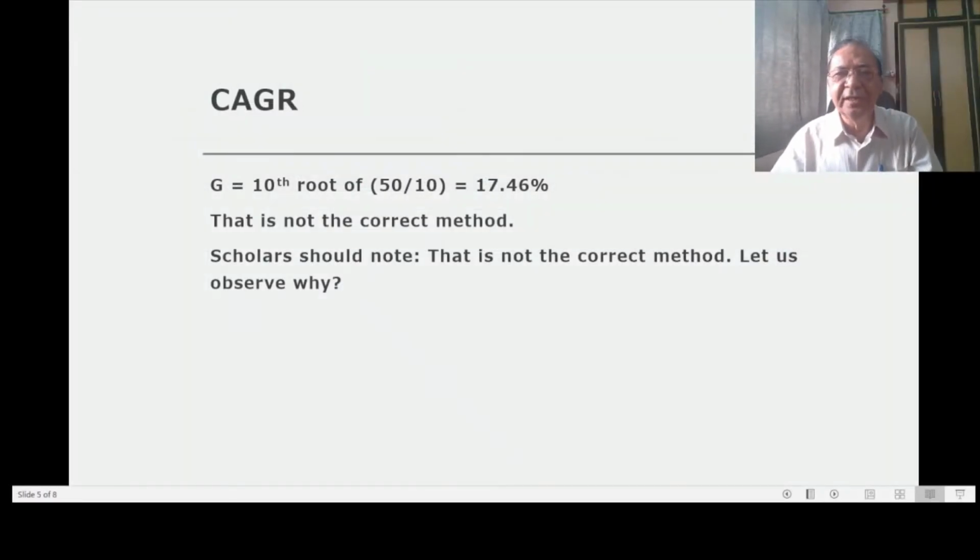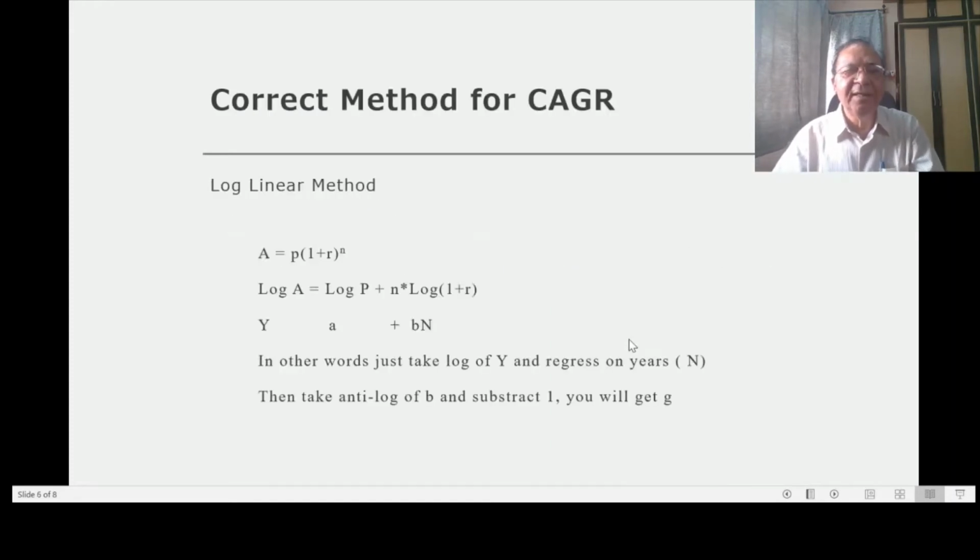We will do this by taking the original formula, A is equal to P into (1 plus R) raised to the power n. We will take log of both sides. Log A is equal to log P plus n into log(1 plus R). Now this has become a linear equation.